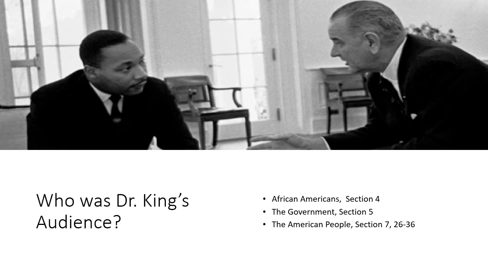Well, first he quotes the song America, so we're all there together. And then he starts talking about the prodigious hilltops of New Hampshire, the mighty mountains of New York, the heightening Alleghenies in Pennsylvania, snow-capped Rockies, curvaceous slopes of California. I mean, when he's talking about areas that were not part of the South, he's actually pretty flattering and giving them a lot of loftiness.